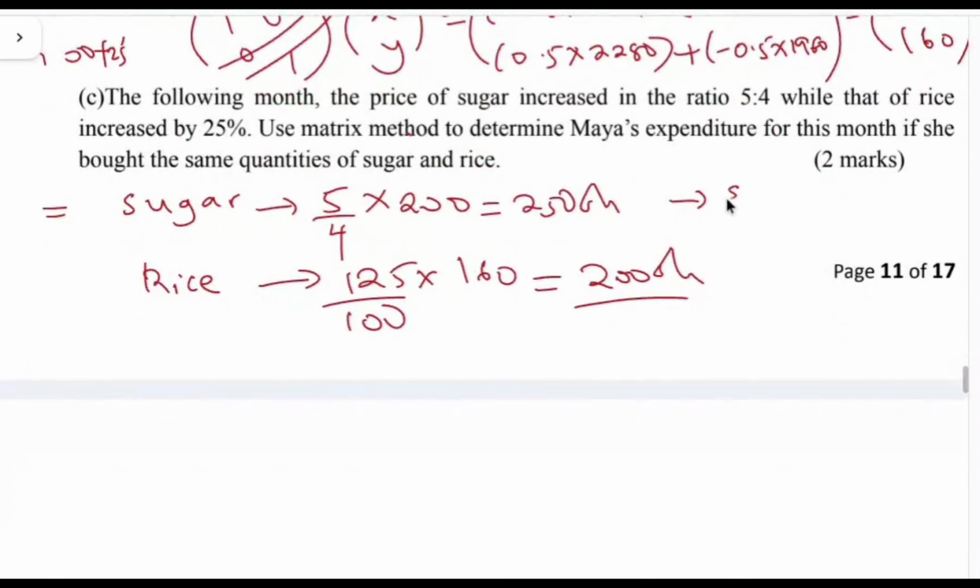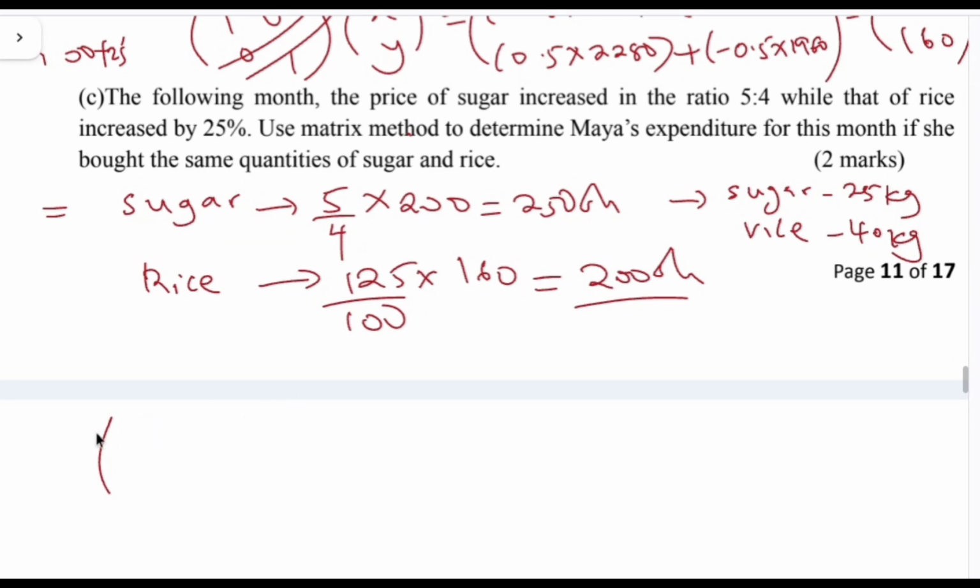So sugar alinunua 25 kg na rice akanunua 40 kg. Sawa. So what do I do? Tafanya nini? Very easy. You take that 250 na 200.